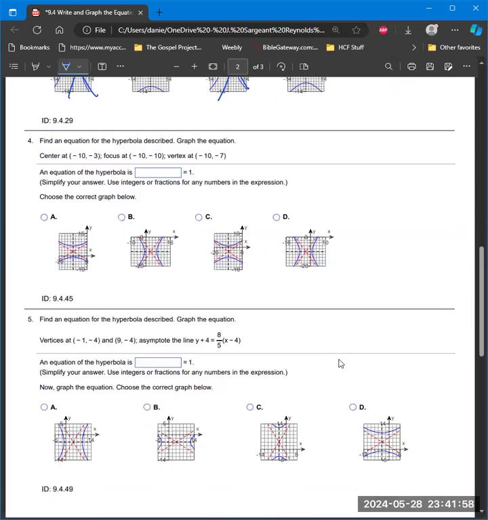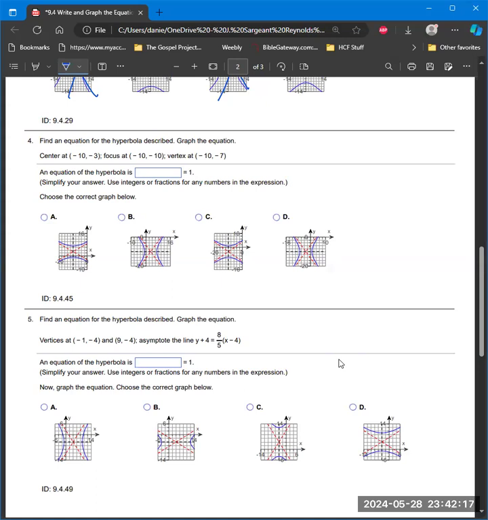Find the equation for the hyperbola described. Center at -10, -3.